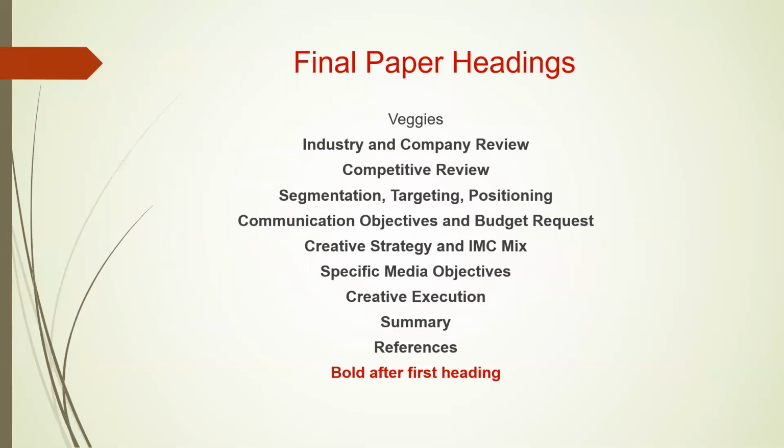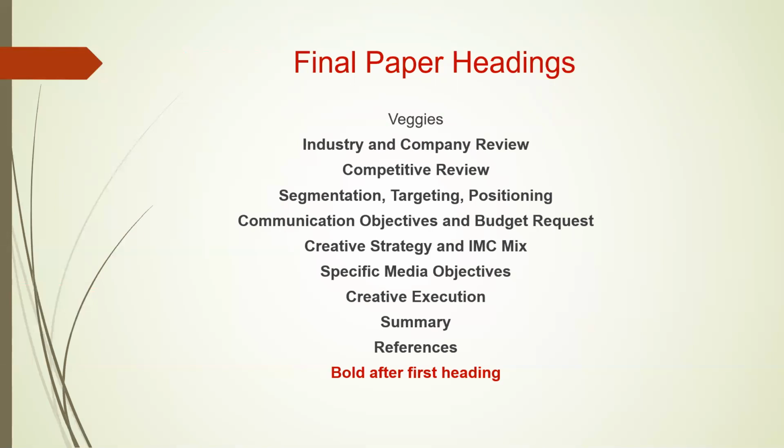Okay, so for your final paper, this is my suggestion based on the main requirements of the assignment. These are the headings that I would use. I got these headings from page 1 of the rubric, main elements for the final product. I'd use veggies as the first one.